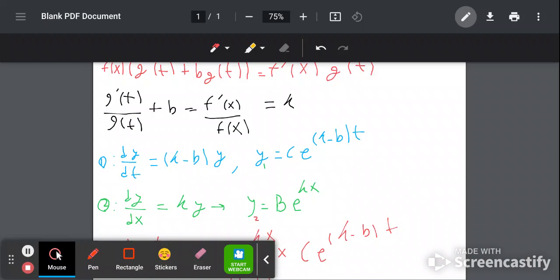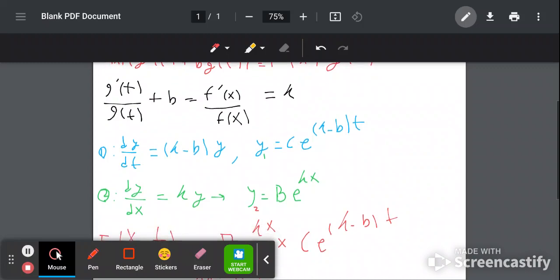I divide by y, multiply by dt, take the integral, and solve, and I get the final solution for this function y to be c times e to the power of k minus b times t. This is the first part of my final solution to the partial differential equation.